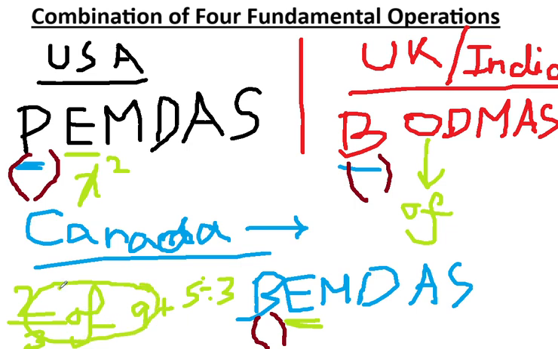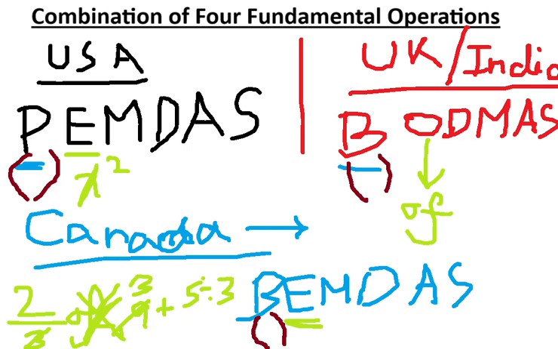So 2/3 of 9 means 9 is the total and we take 2/3 of those 9 parts, okay? How are you going to perform this operation? It's going to be 2/3 multiplied by 9. So that comes to 6, and then we move ahead with the sum.